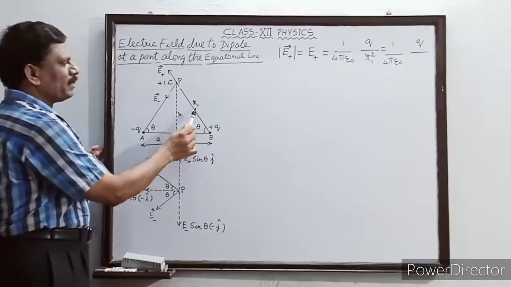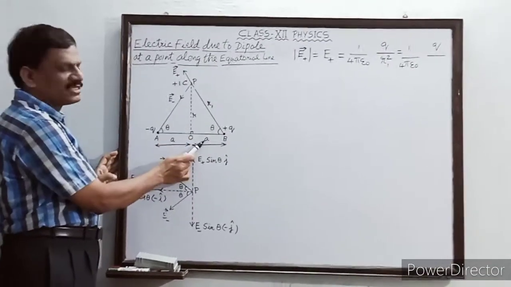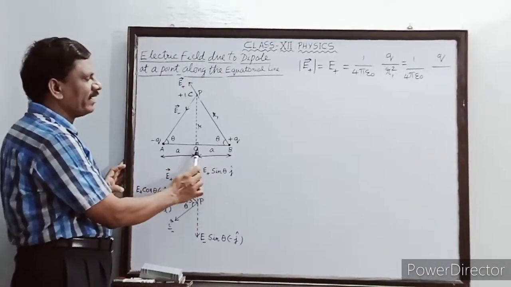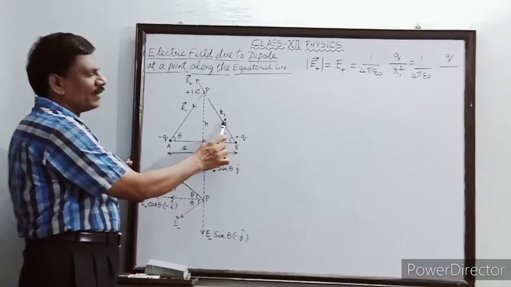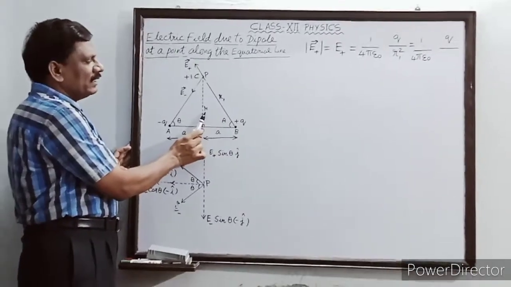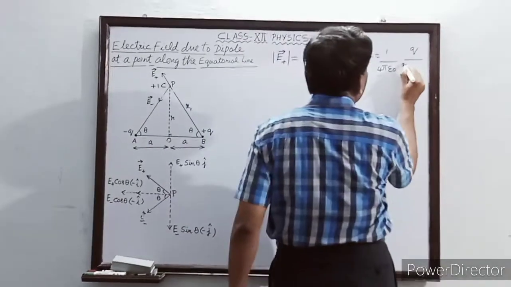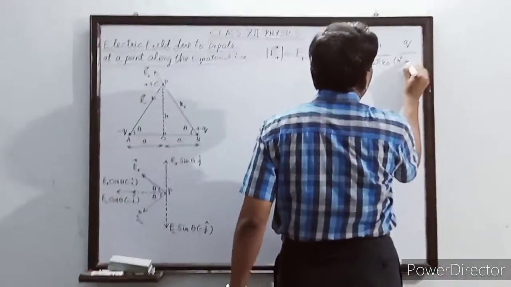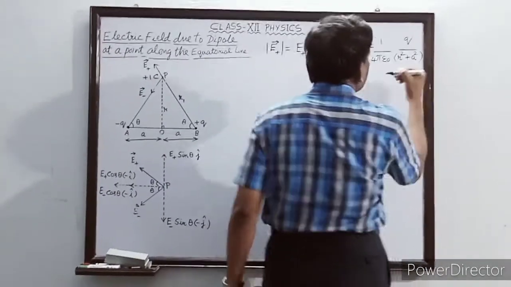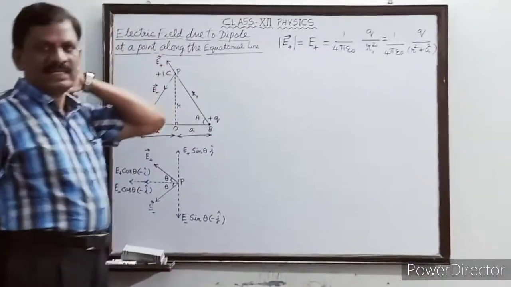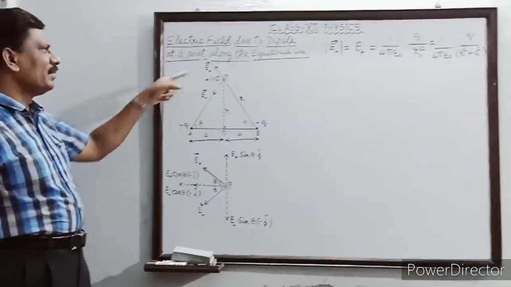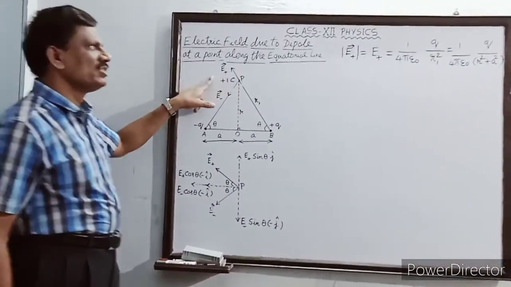You can express r1 square in terms of r square and a square, because in triangle OPB, r1 square is equal to r square plus a square. So E plus is equal to 1 by 4 pi epsilon naught into q divided by r square plus a square. This is the electric field at P due to the positive charge.